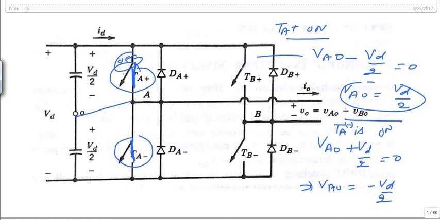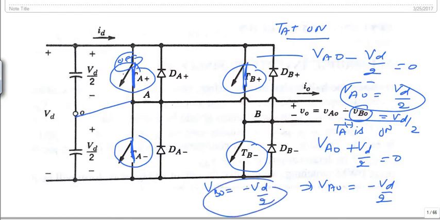Similarly, if TB plus is on and TB minus is off, we get VB0 equal to VD by 2, and if TB minus is on and TB plus is off, we get VB0 equal to minus VD by 2. We can calculate this by using KVL in the corresponding loop.